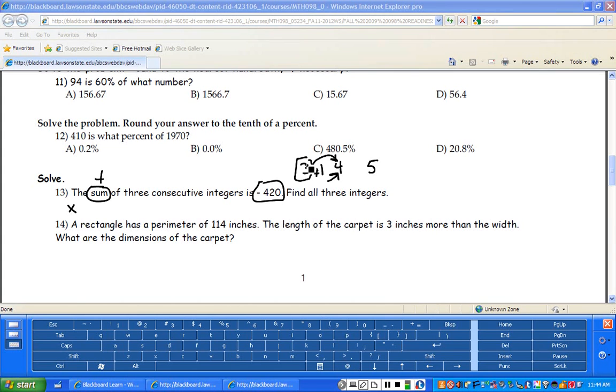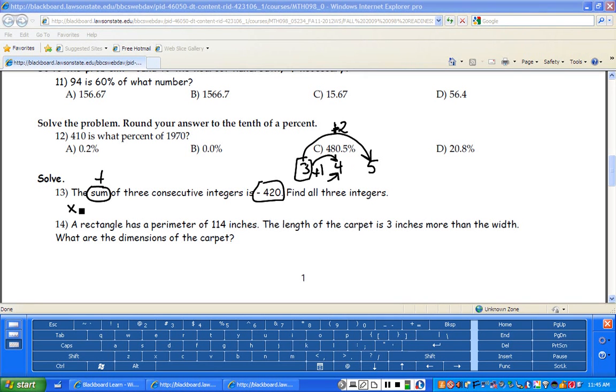How would I get from 3 to 5? By adding 2. So 3 plus 2 is 5. So to get the next number I add 1 to the 3, which gives me 4. To get the third number I add 2 to the 3, and that gives me 5. That's how I would get 3 numbers consecutively.